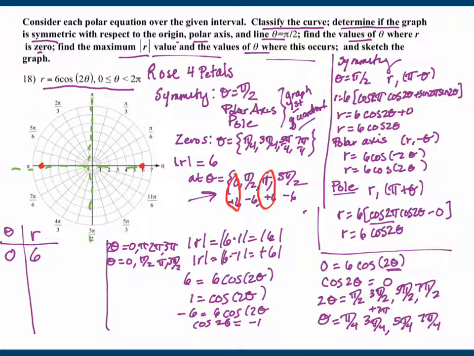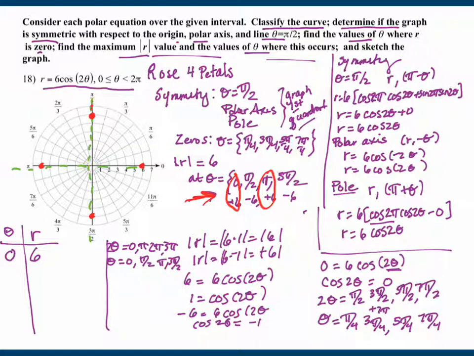At pi over 2, we can go ahead and graph that if you want. At pi over 2, it's negative 6. So here's pi over 2 up here, and so negative 6 would be down here. But then that means 3 pi over 2, it's negative 6, which means it's up here. So I have those 4 corners, and I got that all from these R's.